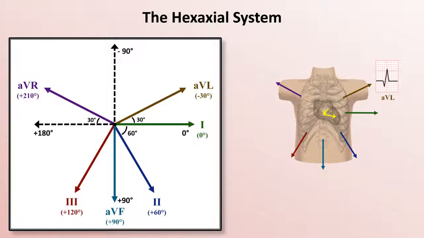Despite the two directions being nearly anti-parallel, that is directly opposite, the amplitude of the negative deflection is still only moderate because the amplitude of the depolarizing wavefront in the heart is relatively small. The second depolarization event is in a similar direction as AVL, so AVL will record a later positive deflection, the amplitude of which is similarly influenced by both the angle and magnitude of the depolarization vector.